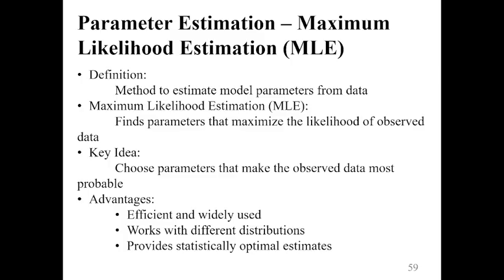It also provides consistent and unbiased estimates under certain conditions, making it a powerful tool for modeling reliability data and predicting system behavior accurately. So I added several examples at the end of this slide, but I will also add some examples related to each of these methods later on.